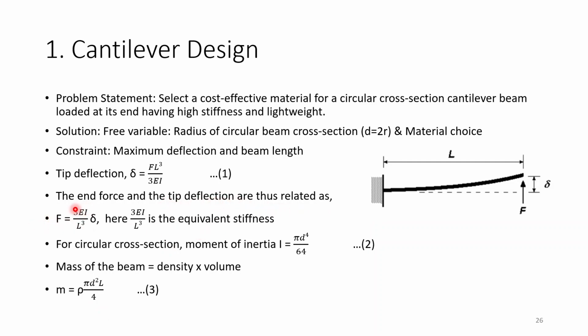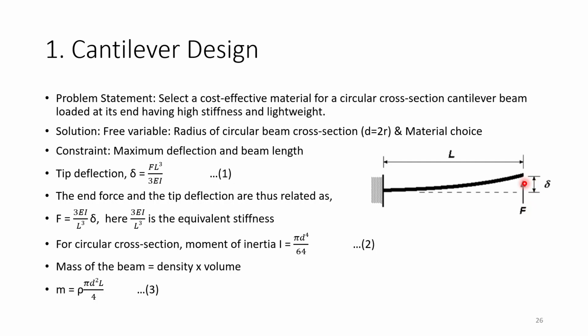So F equals 3EI upon L cube delta, and here 3EI upon L cube is the equivalent stiffness. So for a circular cross section, moment of inertia is given as I equals pi d to the power 4 divided by 64.